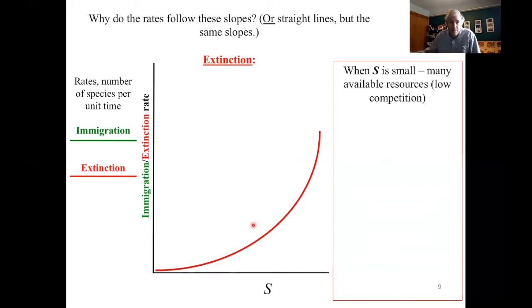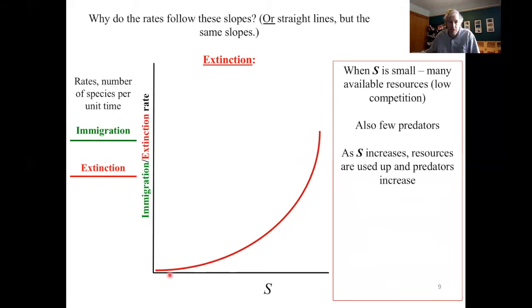Because when species richness is very small, we've got an awful lot of resources available because there is very low competition. We've got a low number of species, and so as a result, there's relatively little competition. Also, because we've got low numbers of species, just mathematically and by chance, if we have few species, we might also have few predators, which means prey species are not likely to get overexploited to extinction.